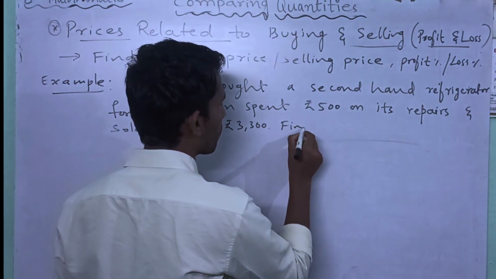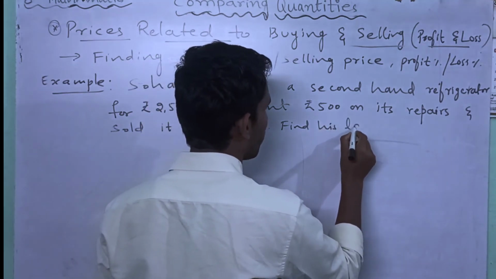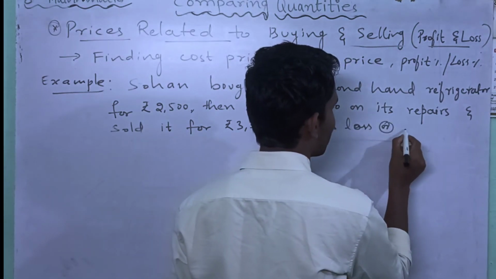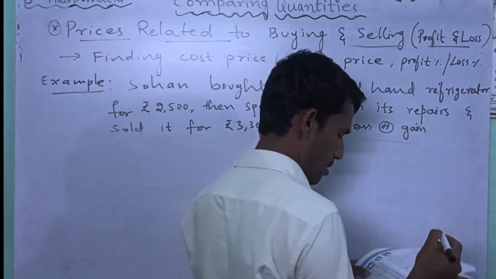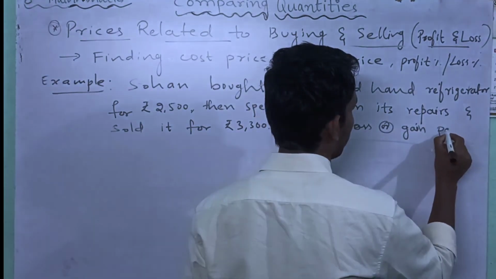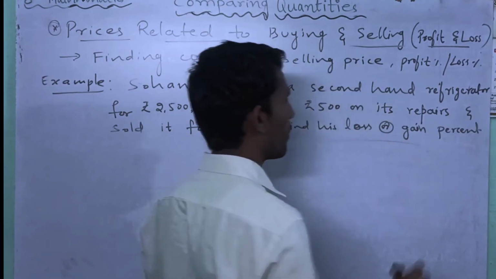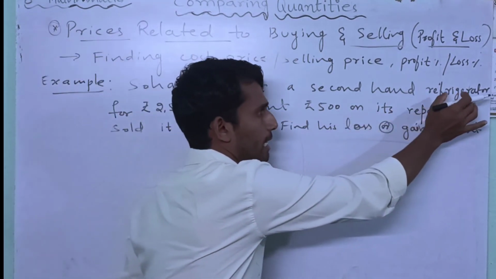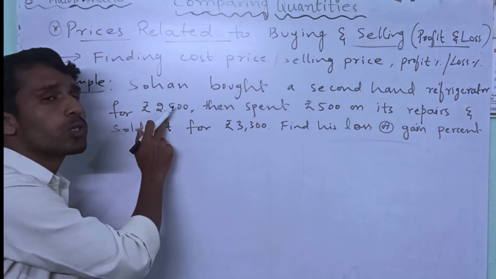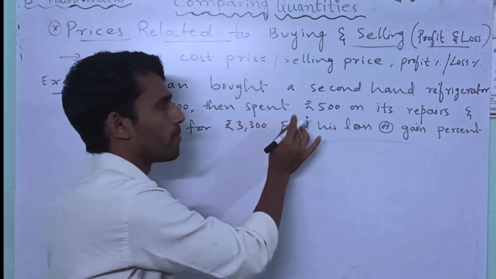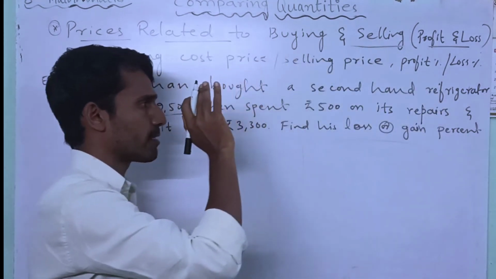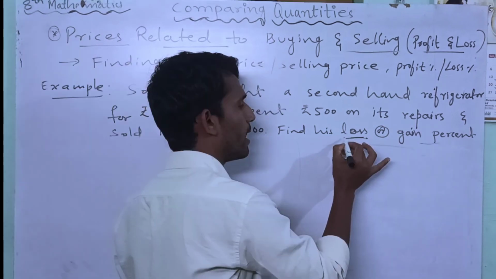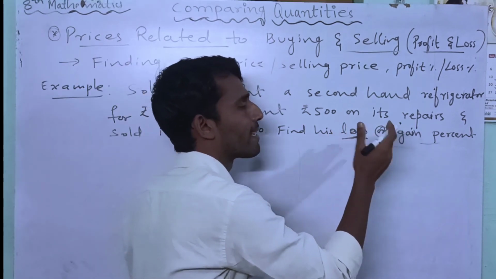Find the loss or gain percent. Dear student, here it is given that Sohan bought a second-hand refrigerator for 2,500 rupees, then spent 500 on its repairs and sold it again for 3,300 rupees. We have to find the loss or gain percentage.